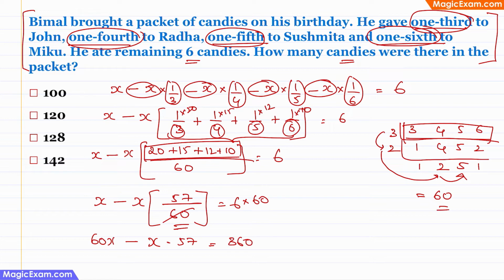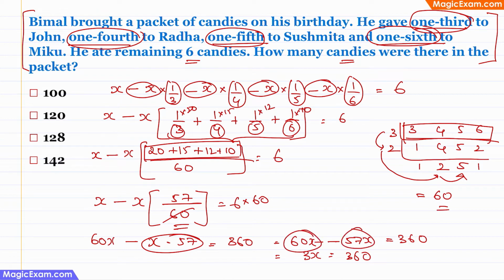Therefore 60x minus 57x is equal to 360 is what we are getting. Therefore that is 3x is equal to 360 because 60x minus 57x is 3x. So if 3x is 360, then x is equal to 360 divided by 3. Therefore that will be 120.